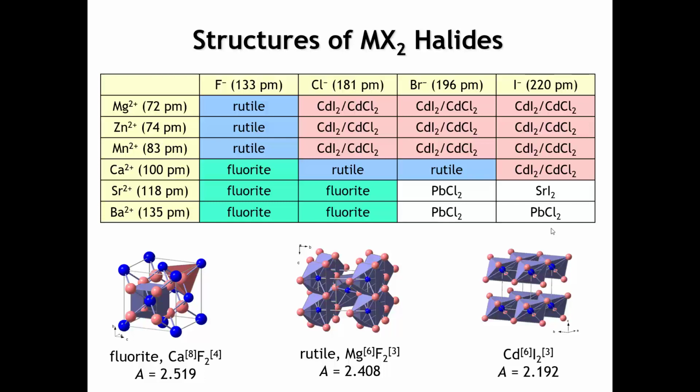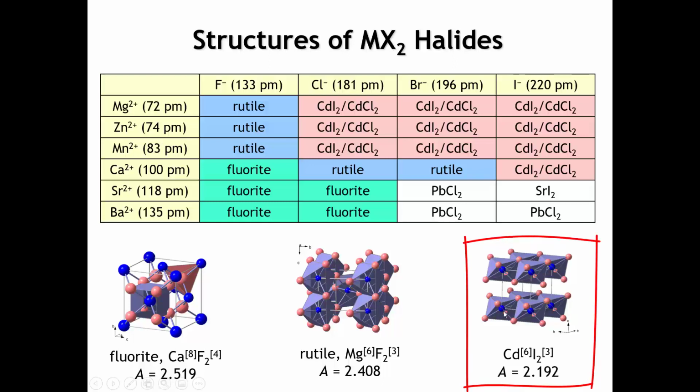With this stoichiometry, we've got the fluorite structure, which is shown here, where the cation has 8 anion neighbors and the anion has 4 cation neighbors. We talked about the rutile structure, where the coordination numbers go down to 6 for the cation and 3 for the anion.